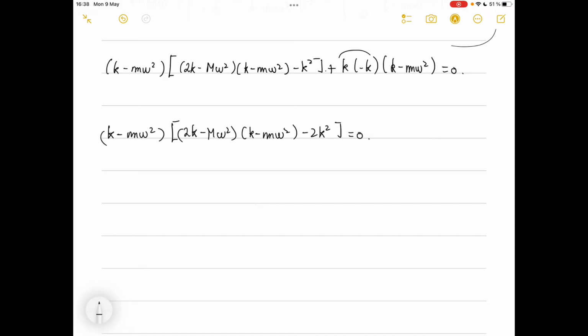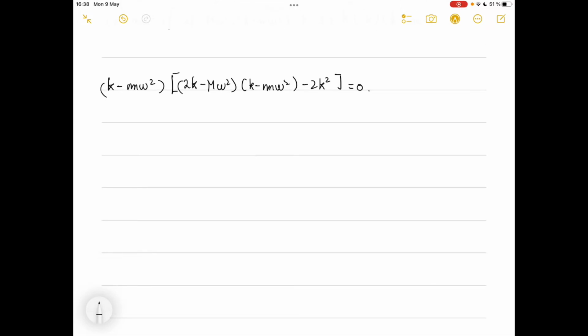So now we have to solve for this polynomial. We see that this equation has a solution when k minus m omega squared equals 0. So omega is just root k over m. We want omega to be positive because it's a frequency, so we disregard the negative root.